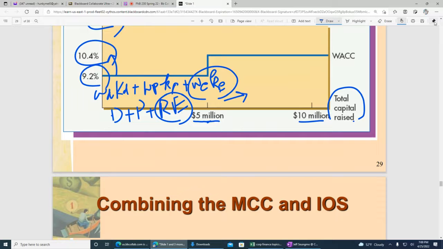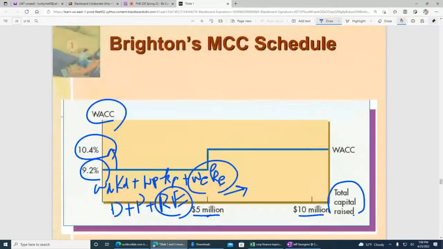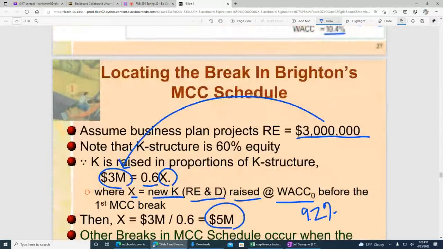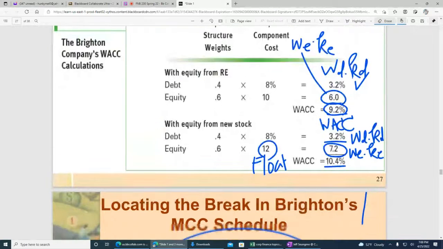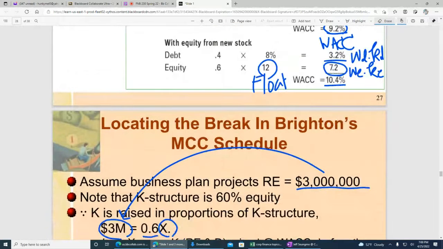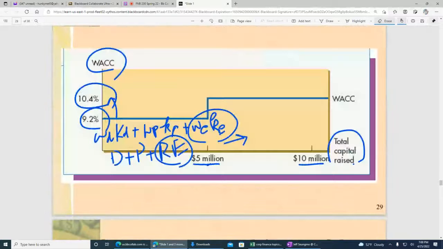But after that, you have to sell new stocks. And as you sell new stocks, the weighted average cost of capital will have to be higher, because of the flotation cost. You have a higher cost of equity, and because of that, the weighted average cost of capital goes up.